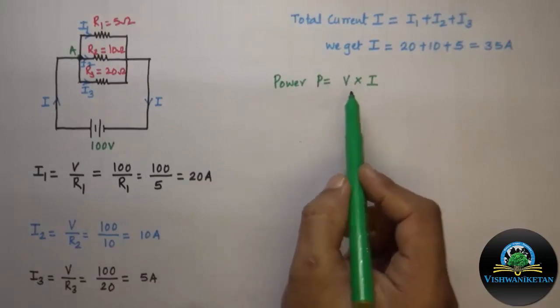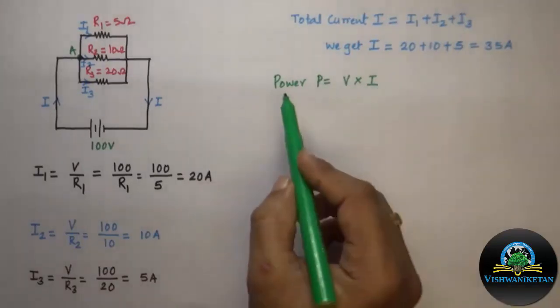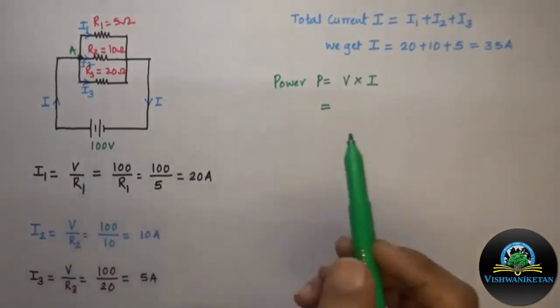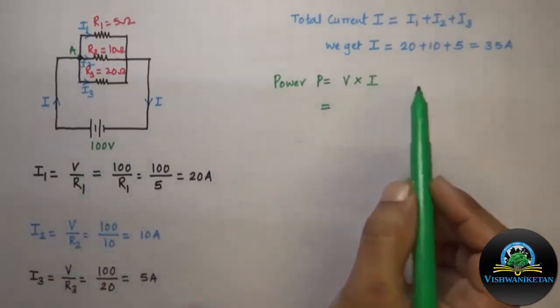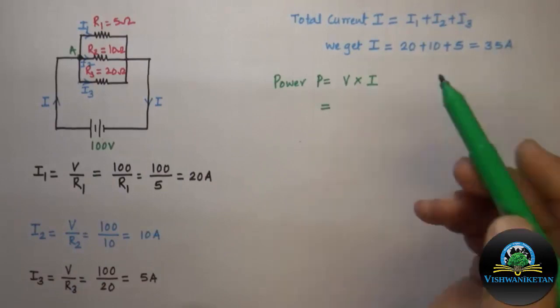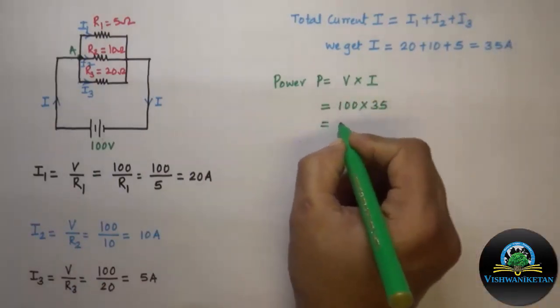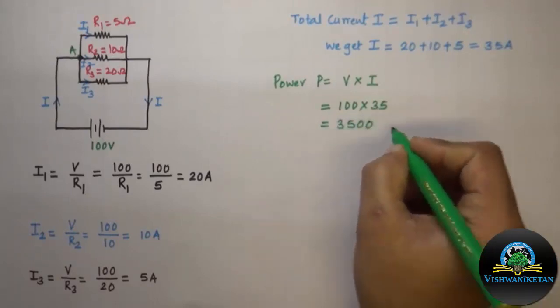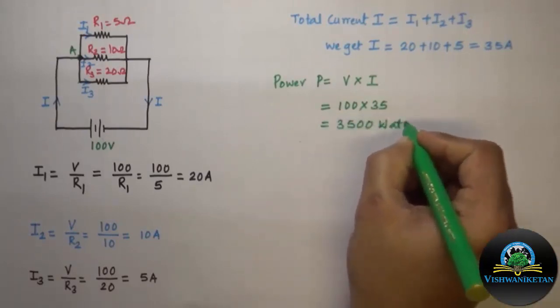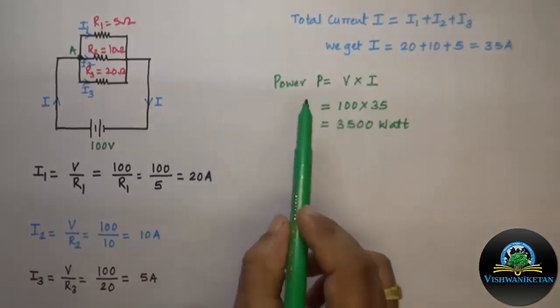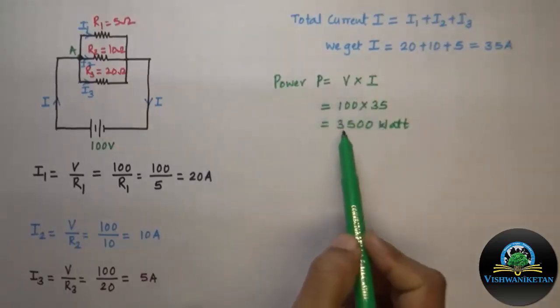If you substitute the values of V and I, we will get the power. The total voltage is 100 volt and the total current we just calculated is 35 ampere. 100 multiplied by 35 is 3500 watt. Watt is the unit of power. Hence, power drawn from the circuit is 3500 watt.